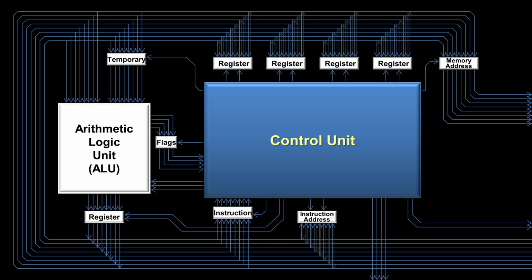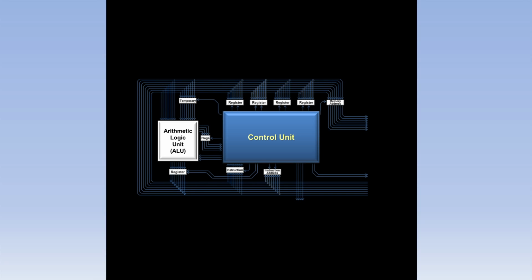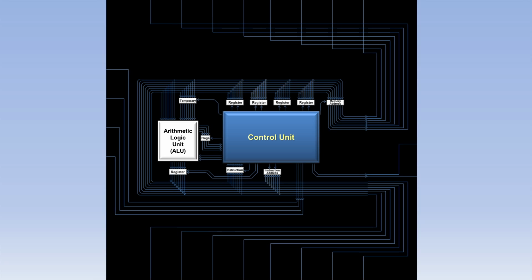That phenomenal speed is accomplished by using more than one of each component and making sure that all the components are active as much as possible. This makes modern CPUs much more complicated than the Scott CPU, but they are still fundamentally doing the same things as the Scott CPU.